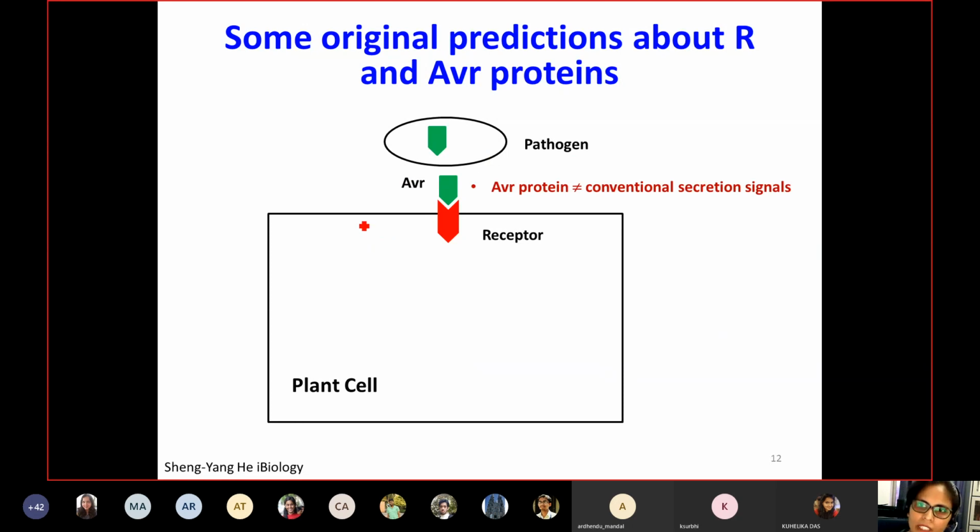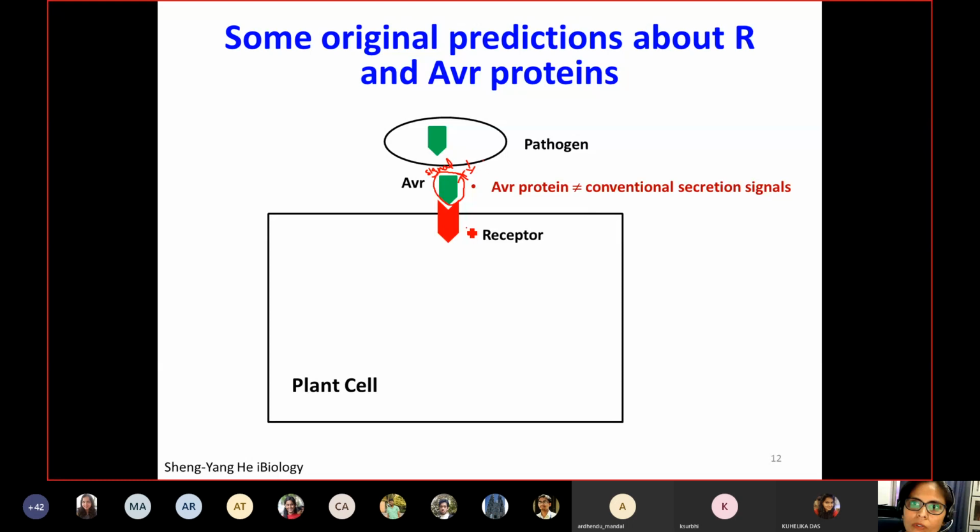Now with the AVR gene, when they studied further, they did not find any signal peptides. For example, if it had to be secreted from Xanthomonas, they did not find any peptides behaving as a signal peptide. That means it is not secreted. They did not find any secretory proteins here. So it is not secretory, that means it is not secreted from the pathogen.